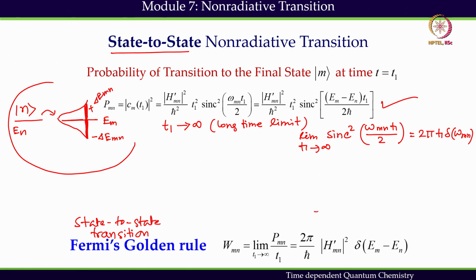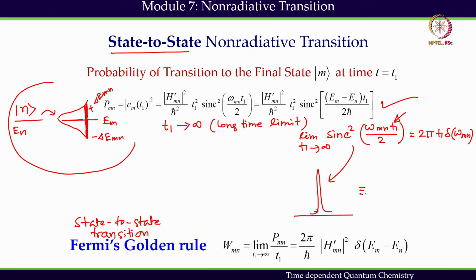The basic idea is that this cardinal sine function is a very sharp function, and in the infinite T1 limit, which means very long T1, this sharply peaked function adopts the Dirac delta function form, in the limit that the peak height becomes infinite.